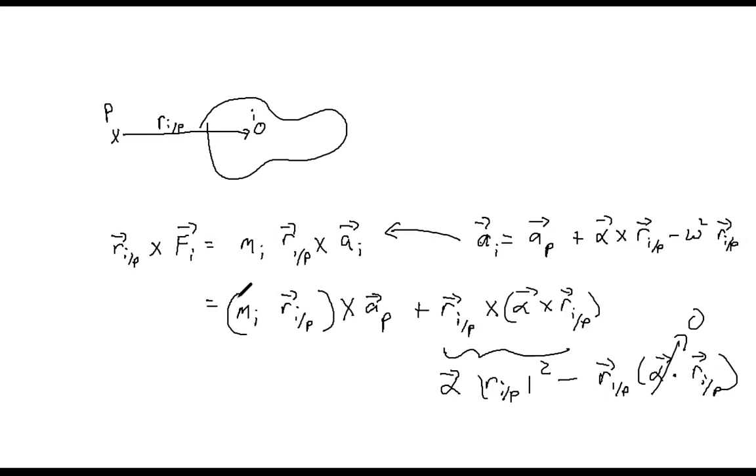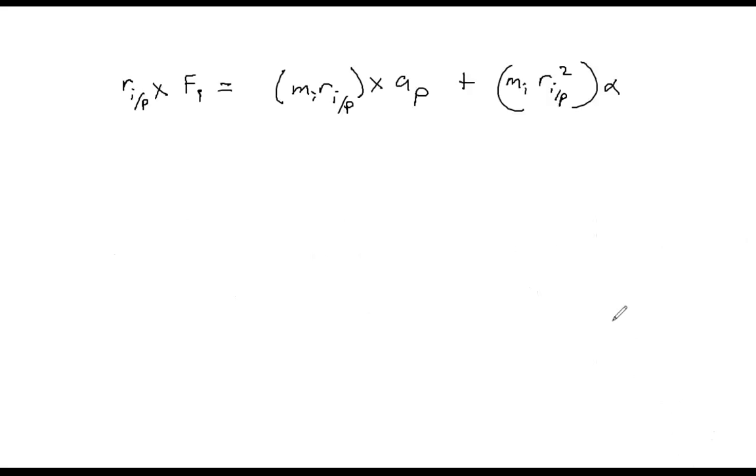When I multiplied through, I should multiply through by mass here and here. So there's an extra factor of mass right there. Sorry about that.